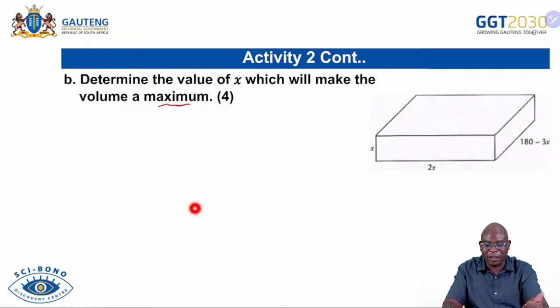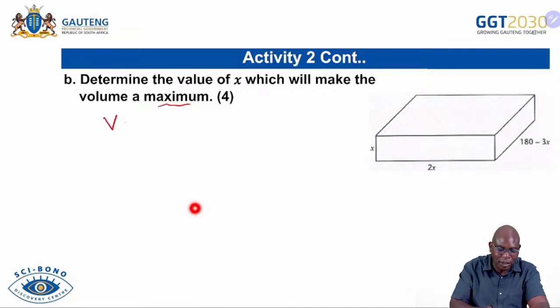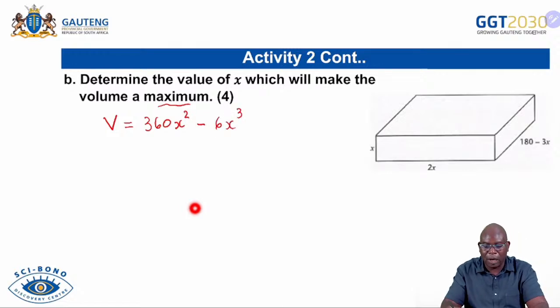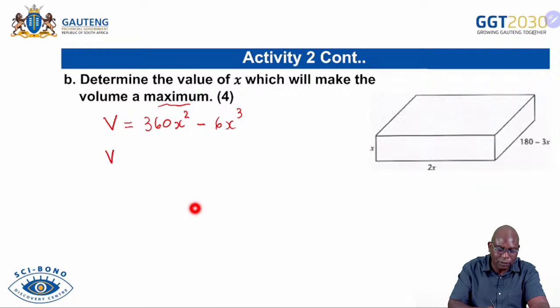We have the function given. So our function there is V equals 360x squared minus 6x cubed. So now I need to find the maximum. So what do I do? I differentiate.